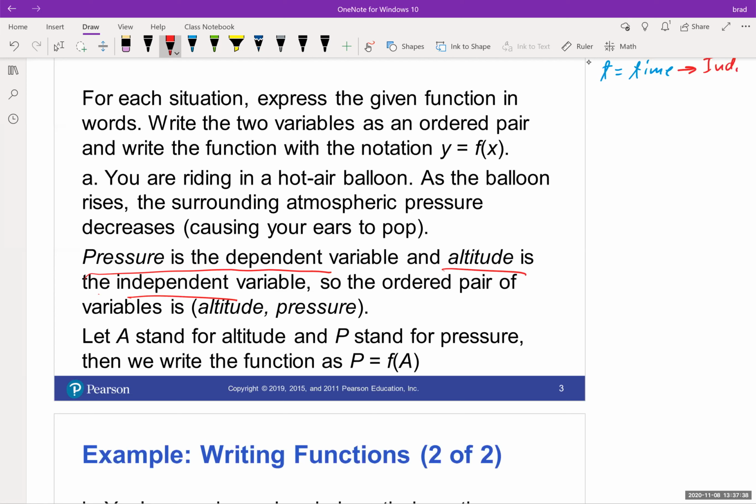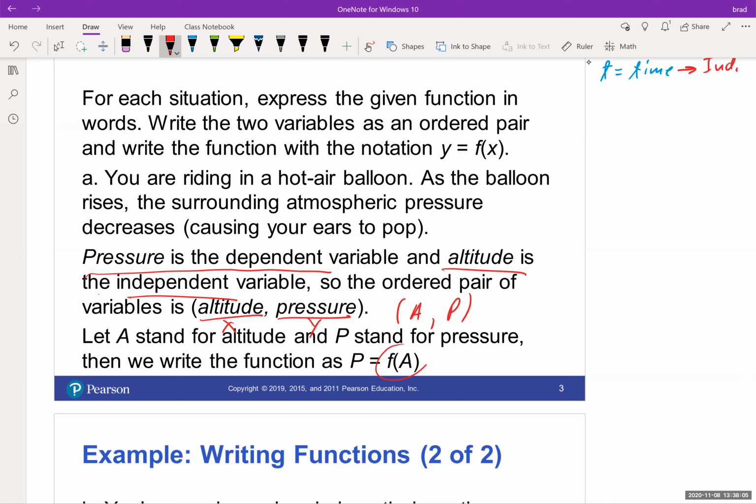So the ordered pair would be altitude to pressure. So we could say x to y, or if you wanted to do something else, you could say a to p for pressure, right? So you could write it either way. It says let a stand for the altitude and p stand for the pressure. Then we write the function as p equals f of a.